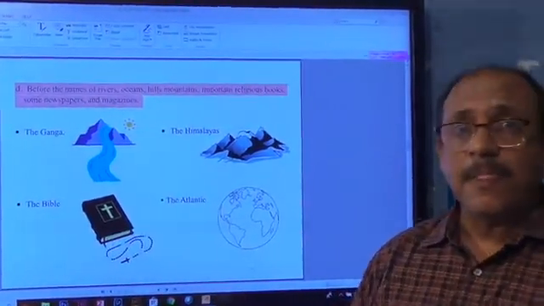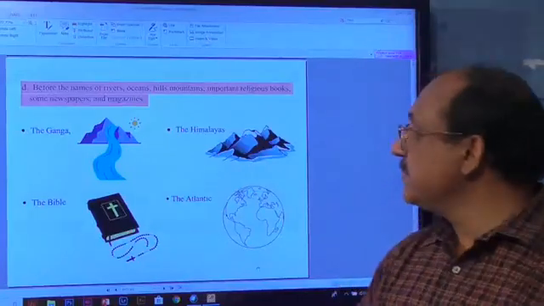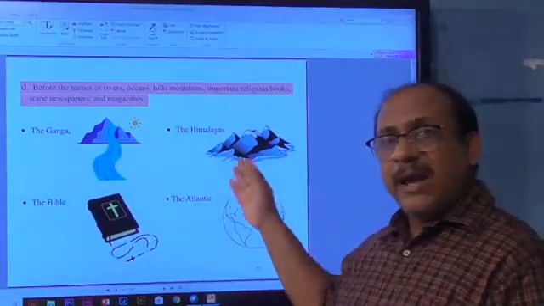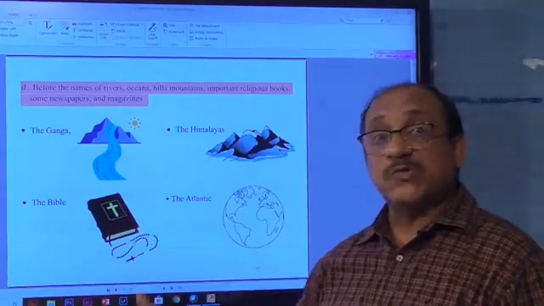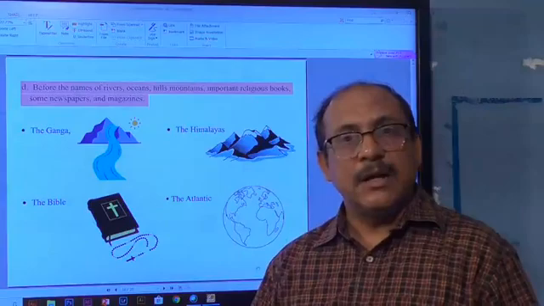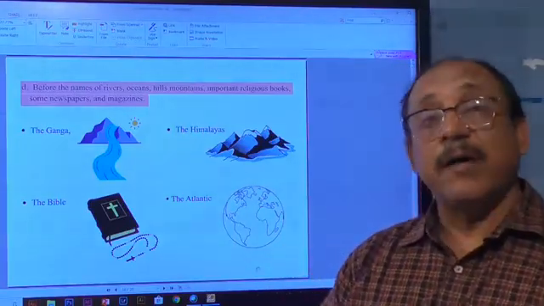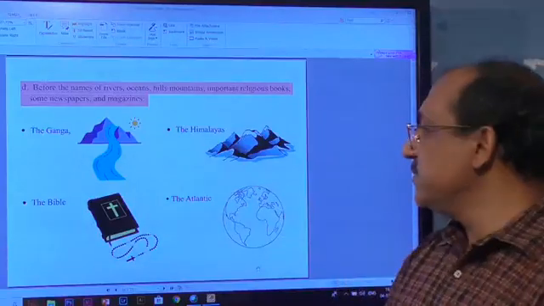Any river, the Ganga, the Yamuna, the Narmada, the Godavari, like that. The Himalayas. Then religious books, the Bible. Then we have epics also, like the Mahabharata, the Ramayana, the Quran, the Guru Granth Sahib.